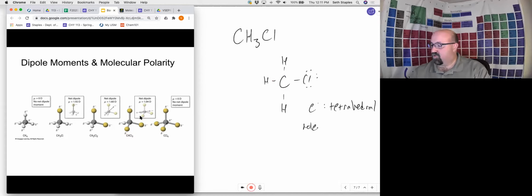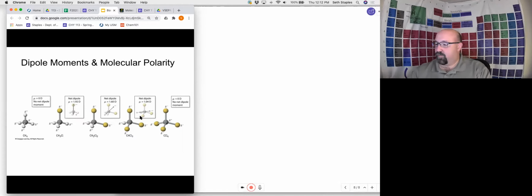Our molecular geometry for this one is also tetrahedral. Then we need to investigate our bond dipoles. No bond dipoles here between carbon and hydrogen. We do have a bond dipole here that is not canceled out. Tells us that this absolutely is a polar molecule. I can't spell molecule today.